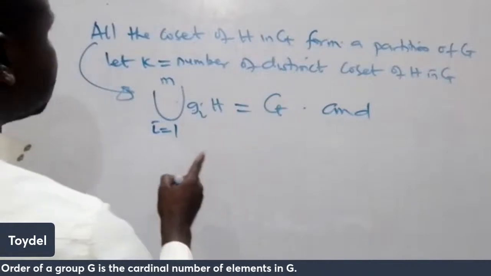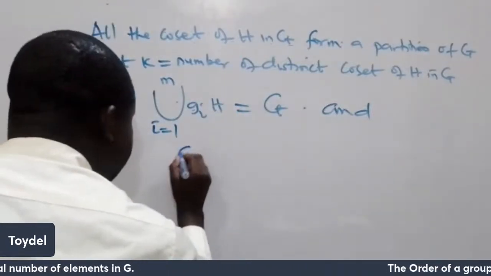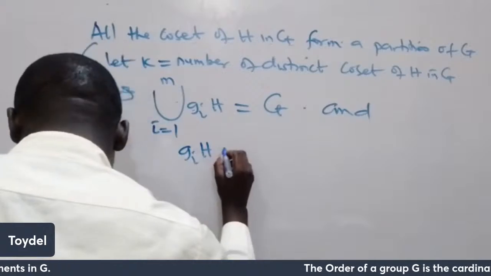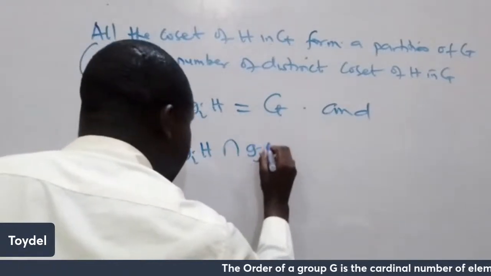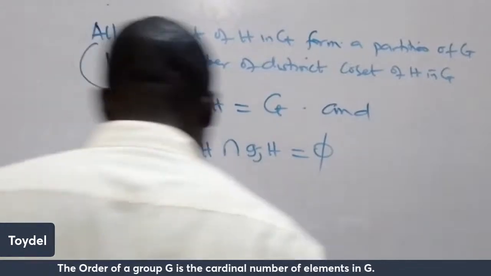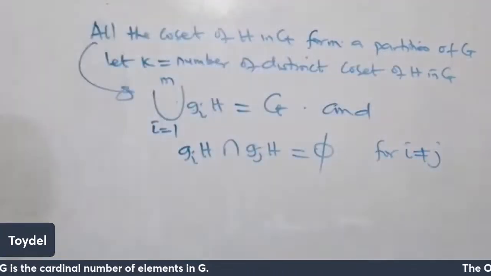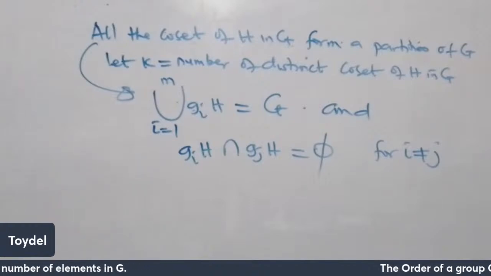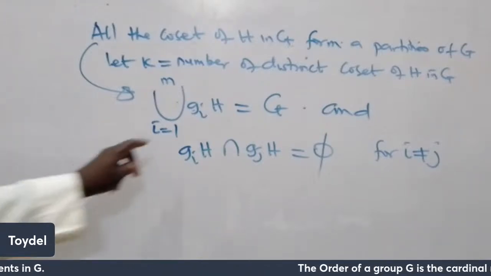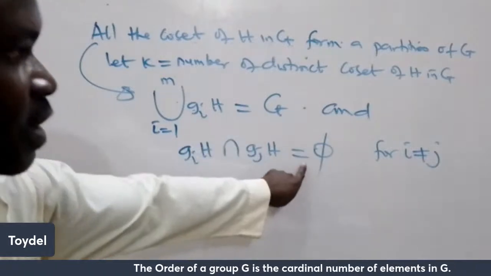And if they form a partition, then it simply means that GIH intersection GJH will be equal to empty for I not equal to J. What is the meaning of that? That simply means that the intersection of each pair of elements here is disjoint.